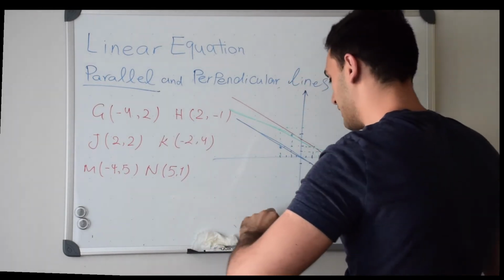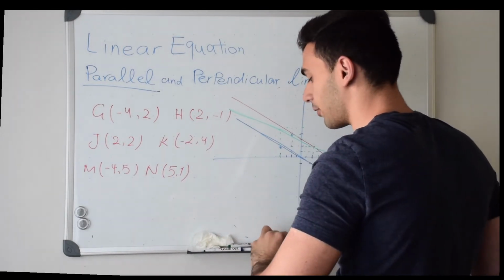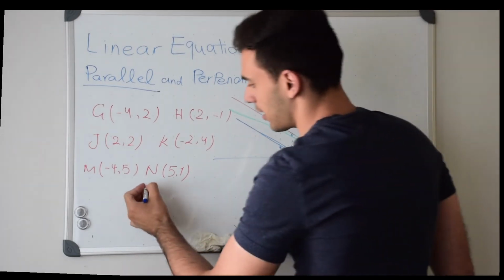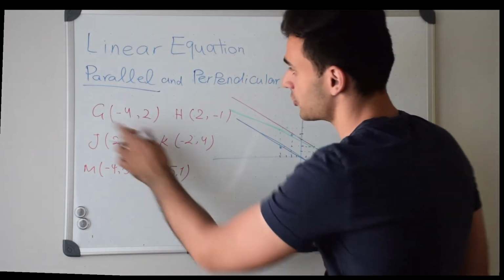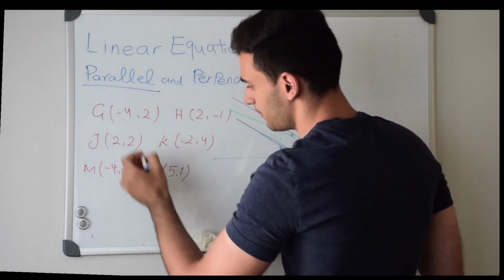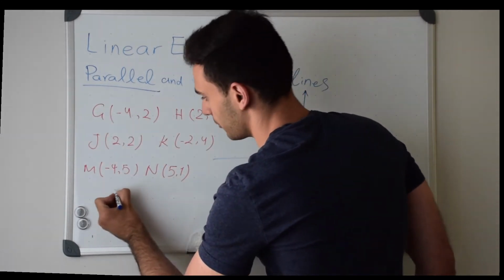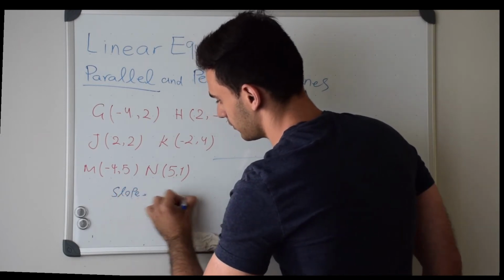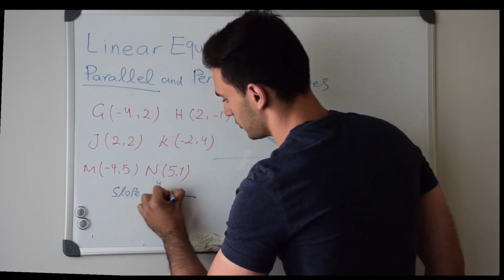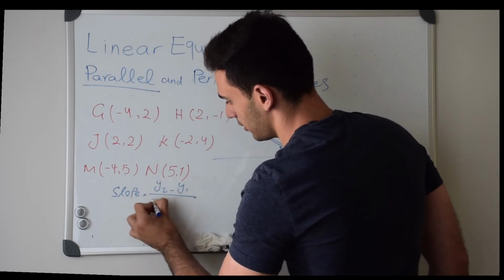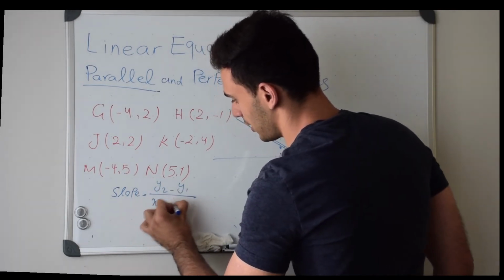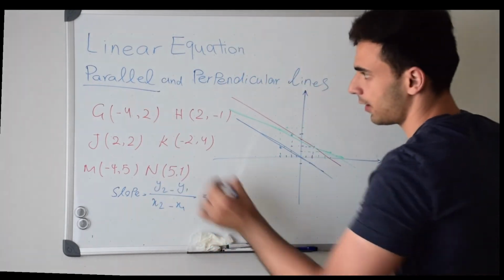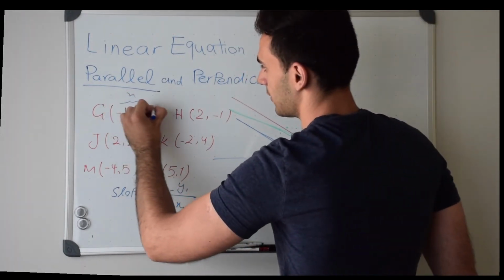But is there a way that we can make sure that this one is not parallel without drawing it? Yes. We know the formula from our last class for finding the slope of a line. For the slope of line GH, we have this formula: slope equals y2 minus y1 divided by x2 minus x1. For GH, this is x, this is y.